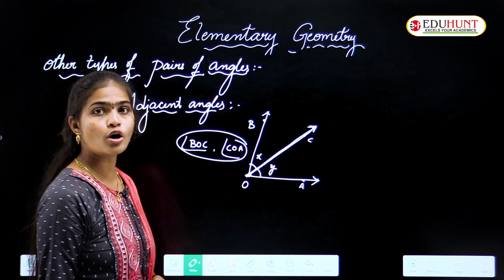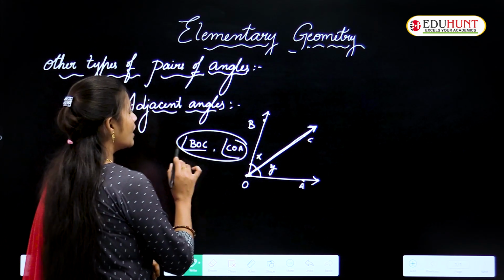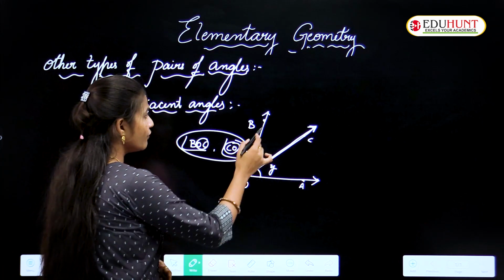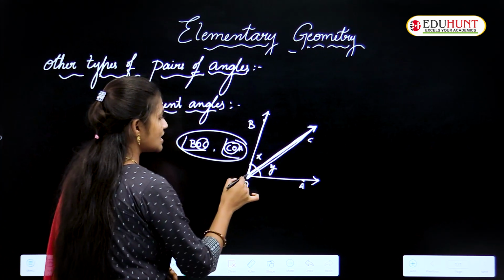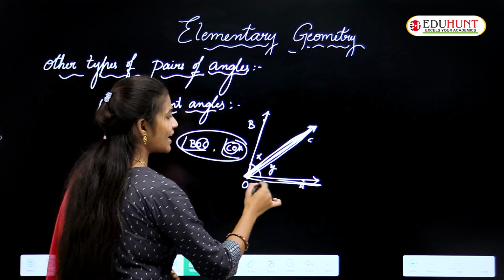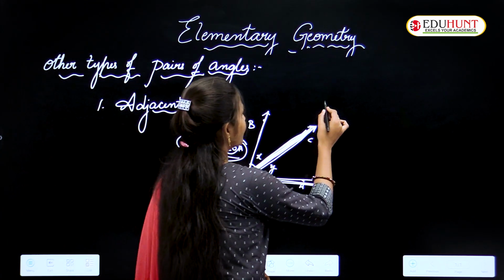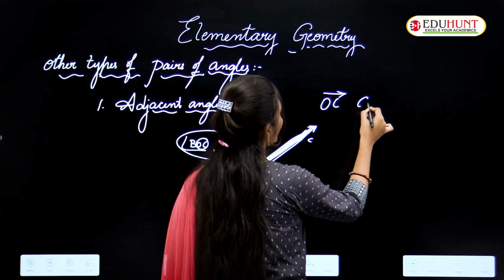Why is that a common arm? Because here OC is there, and here also OC is there. When you observe this angle, OC is there, and when you observe this angle, OC is there too. So we call that a common arm. Here OC is a common arm.